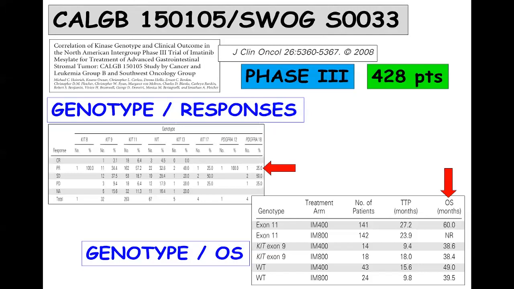And overall survival according to genotype is 60 months in exon 11, 38 in exon 9, and wild type around 40 to 49 months.